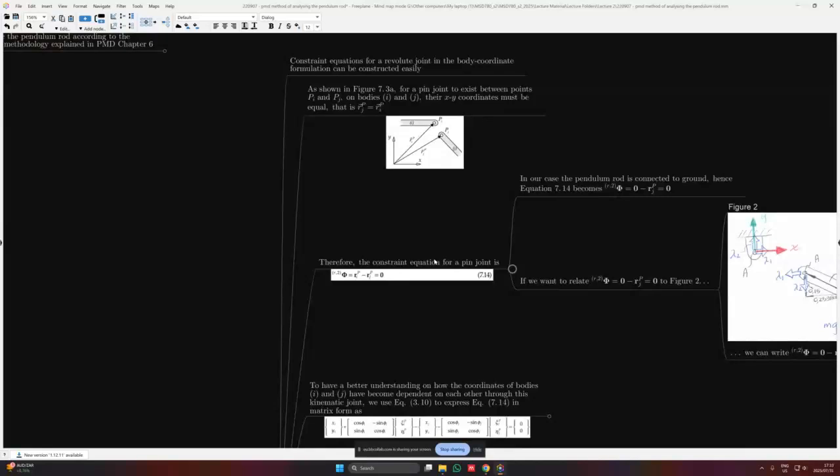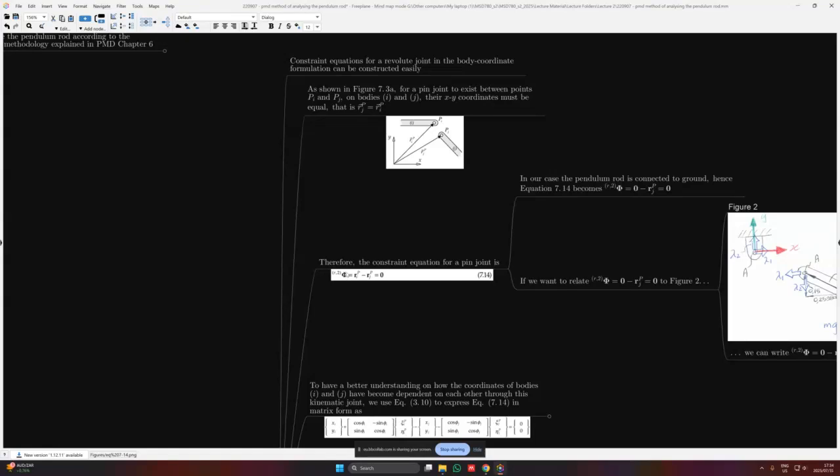So therefore, the constraint equation for a pin joint is simply stated as in 7.14. So phi R2 is equal to rip minus rjp, which must be equal to 0. So we essentially just take one of these components over, in this case, I think it's rjp, which we take over to the right-hand side, and this should then equate to 0.